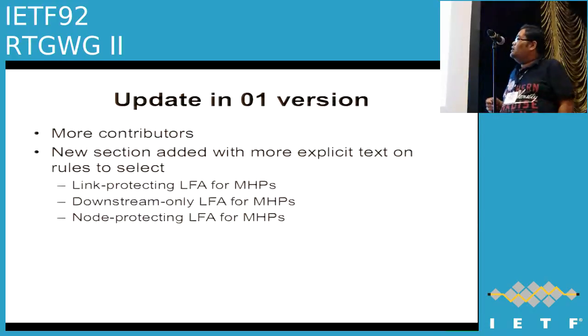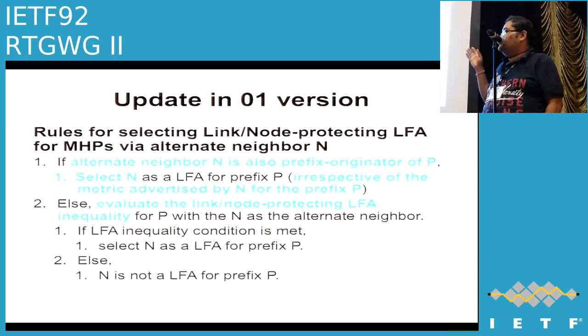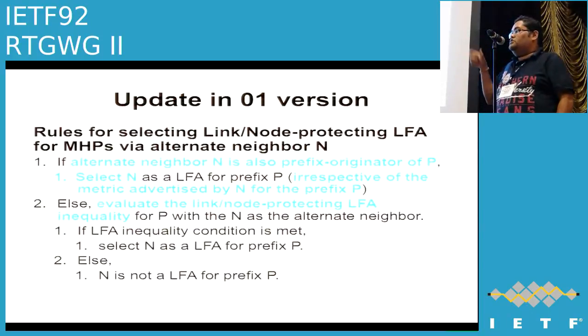What we have added here is that initially we said in the last version that we proposed some inequalities, and any neighbor that satisfies those inequalities should be picked as an LFA.